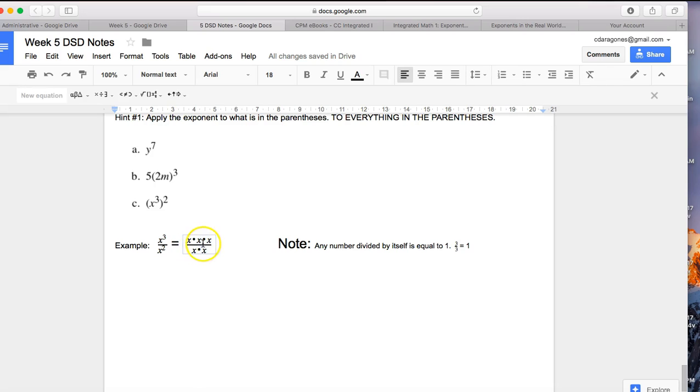Not sure why it's not highlighting, but okay. So we have an x divided by an x right here, and then another x divided by an x, and then we just have one x left over on the top.